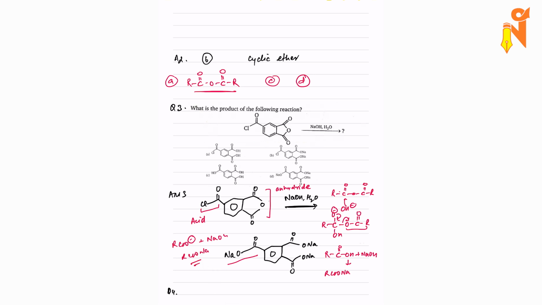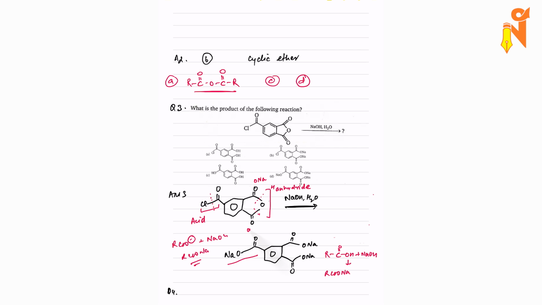So basically base hydrolysis will take place in the case of both acid halides as well as anhydrides, and the attack will happen in such a way that the carbon-oxygen bond will cleave, and you will get ONa over here and H over here.